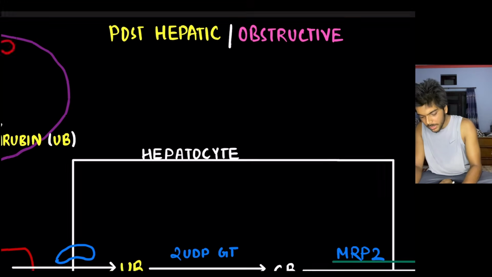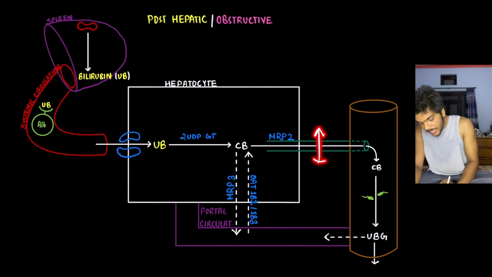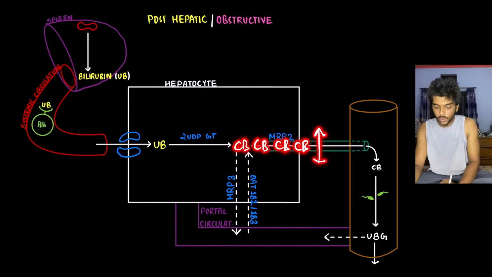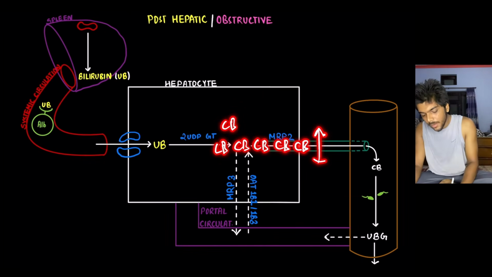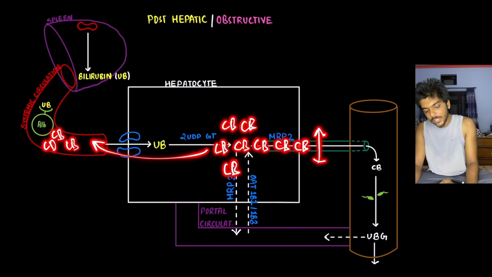Okay, this is due to obstruction in bile flow. When there is obstruction in bile flow, conjugated bilirubin doesn't have a way to enter the duodenum. So there is accumulation of conjugated bilirubin within the cell, and it gets spilled back into the circulation, resulting in an increased level of conjugated bilirubin in blood circulation.